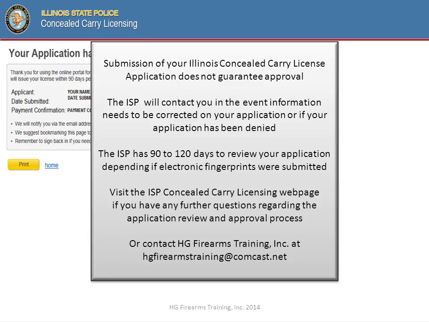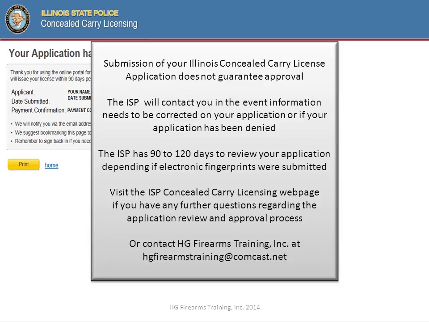The Illinois State Police will contact you in the event information needs to be corrected on your application or if your application has been denied. The Illinois State Police has 90 to 120 days to review your application, depending if electronic fingerprints were submitted.